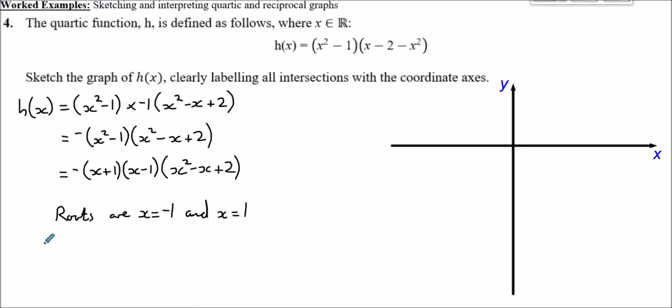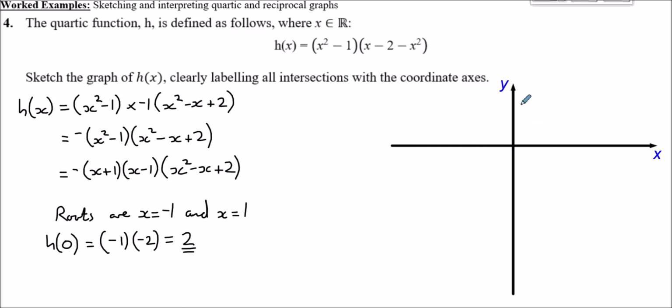We can work out the y-intercept by working out h of 0. Just by chucking in 0 into this, we have 0 squared minus 1, which is just minus 1. 0 take 2 take 0, it's just minus 2. So that gives us 2. And so it's going to have a root here at minus 1, then 1 and 2.